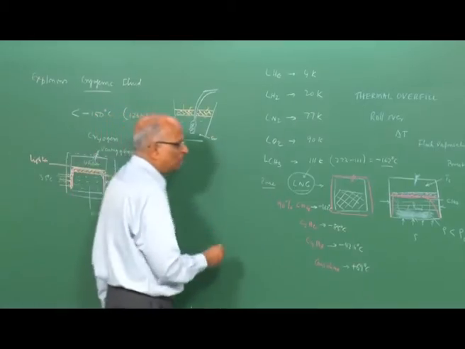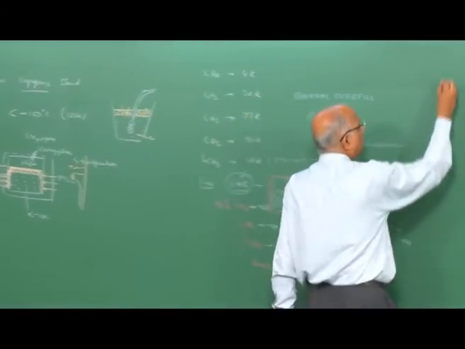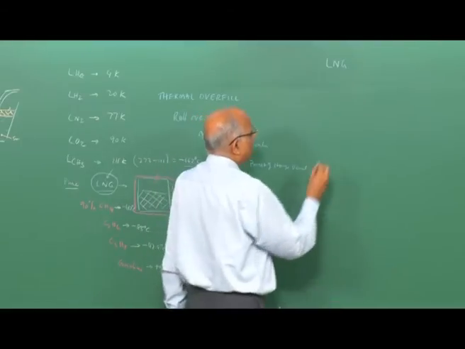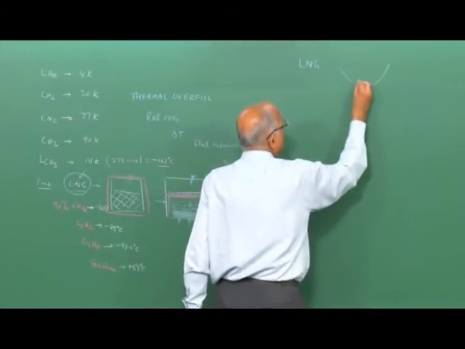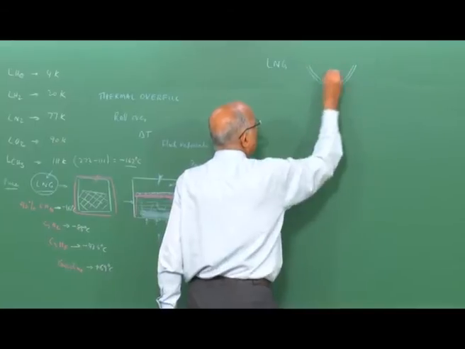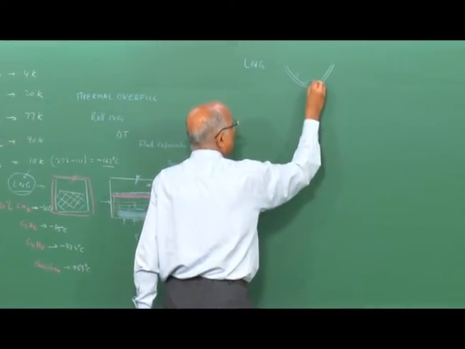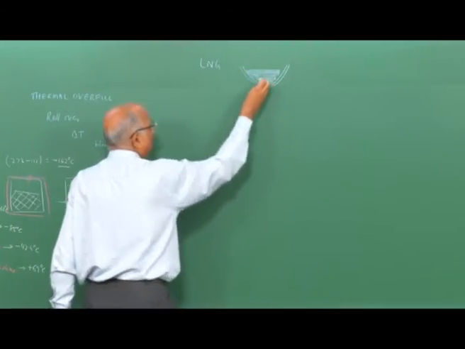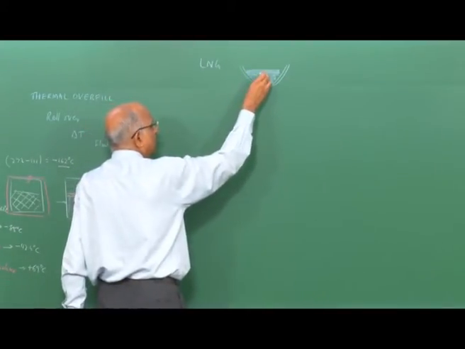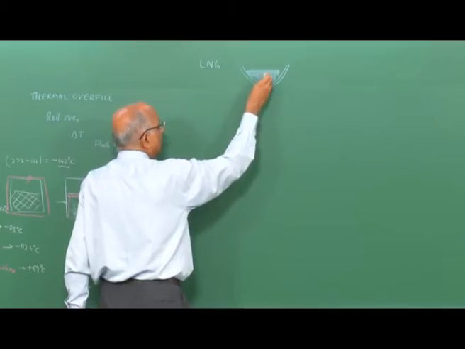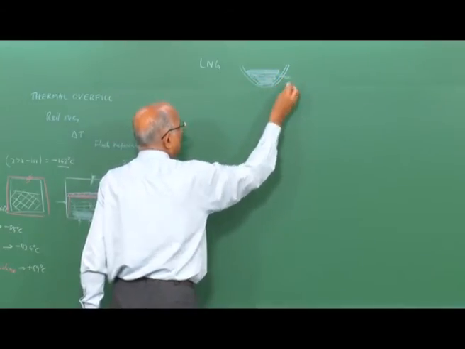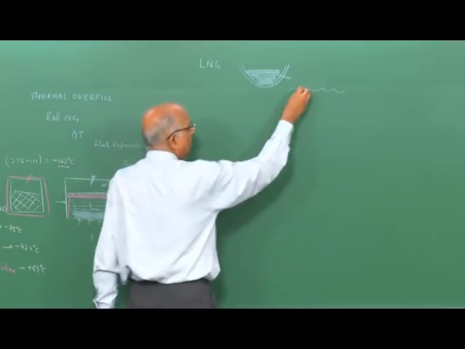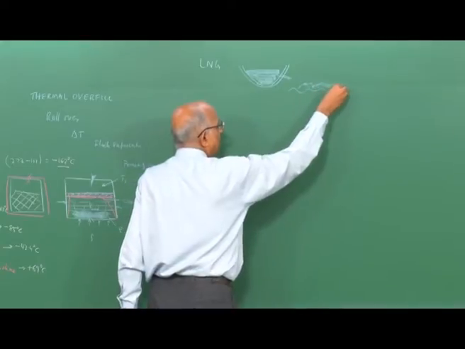Having said that, it is also important that we talked of LNG on and off during the earlier classes. We have tankers in the ship which are designed to take this low temperature fluid across the different oceans. If by chance a ship containing the LNG leaks, supposing there is a leak on the surface of water in a sea, then you have LNG spreading, and we said this is very dangerous.